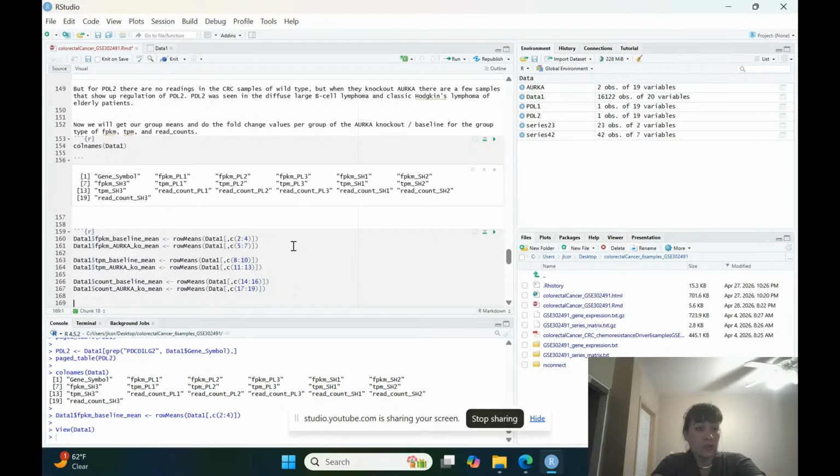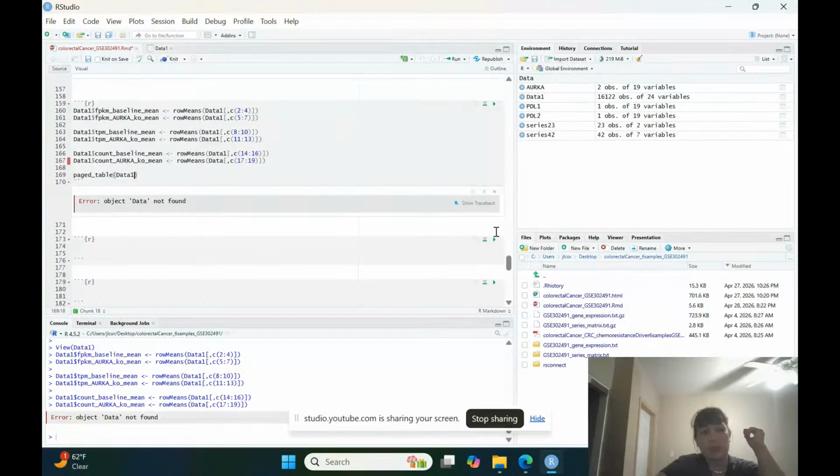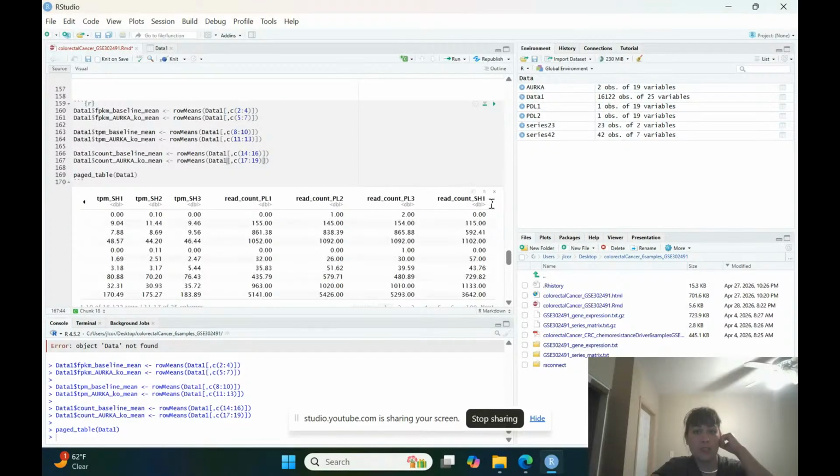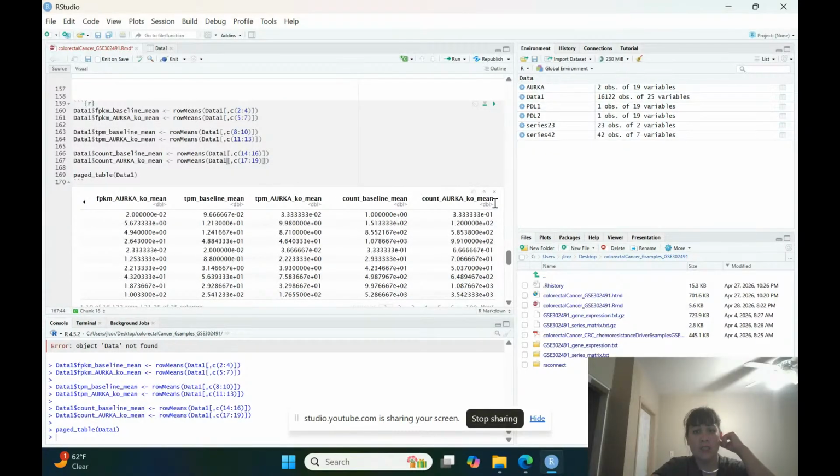All right, now we're going to do the fold changes. Let's run this first and look at our table. Oh, that's not on my computer screen. Oh, I put data. I forgot the 1. Okay, let's run it again. And then we can see that we have our mean values. Okay. Now we're going to go ahead and make the fold change values.